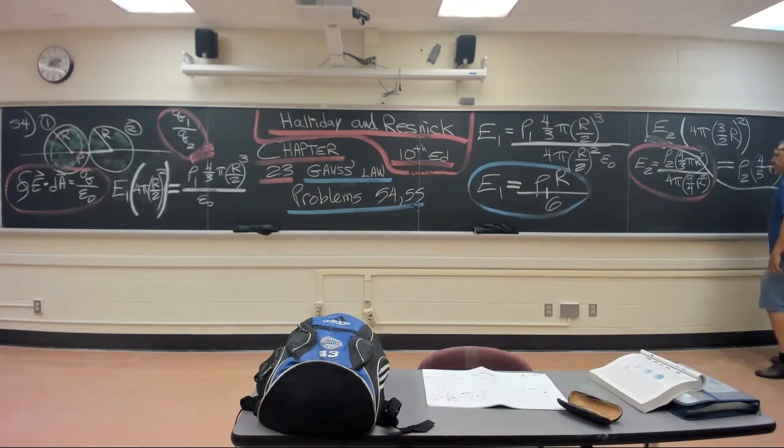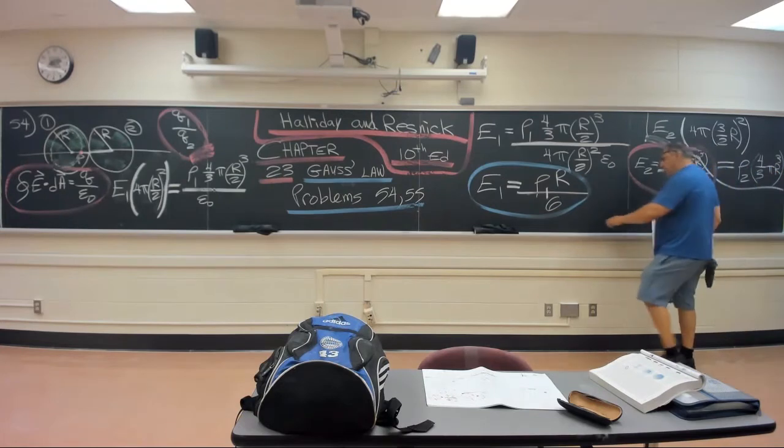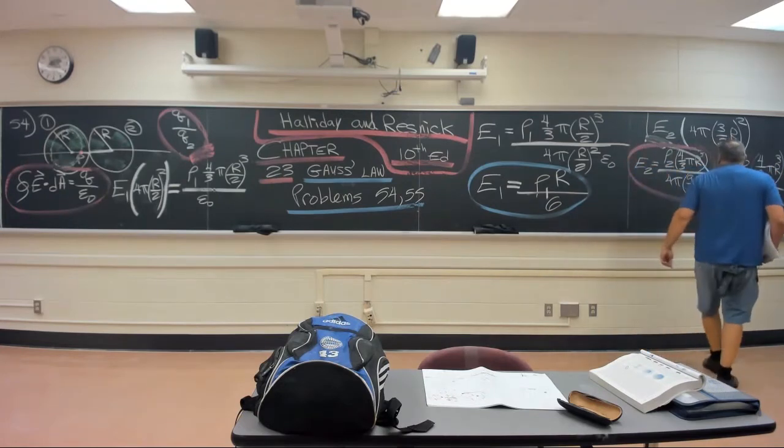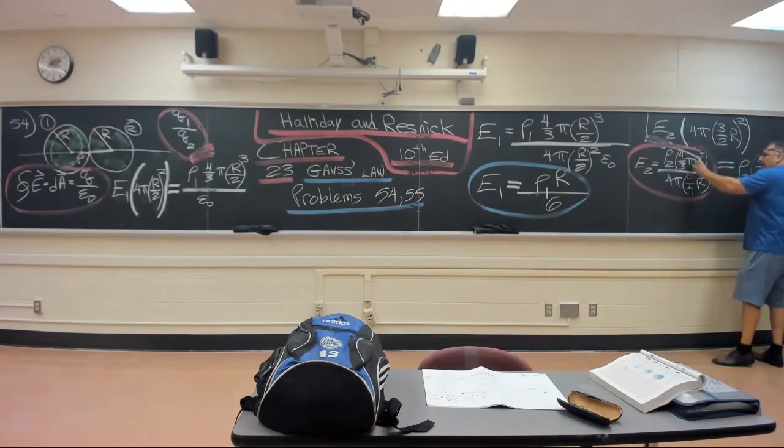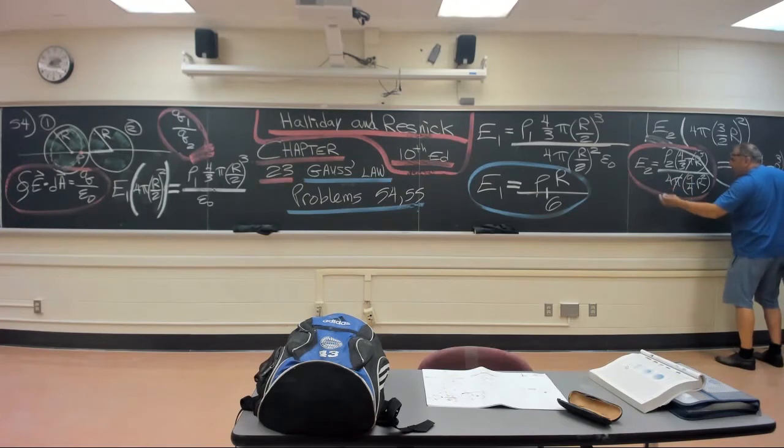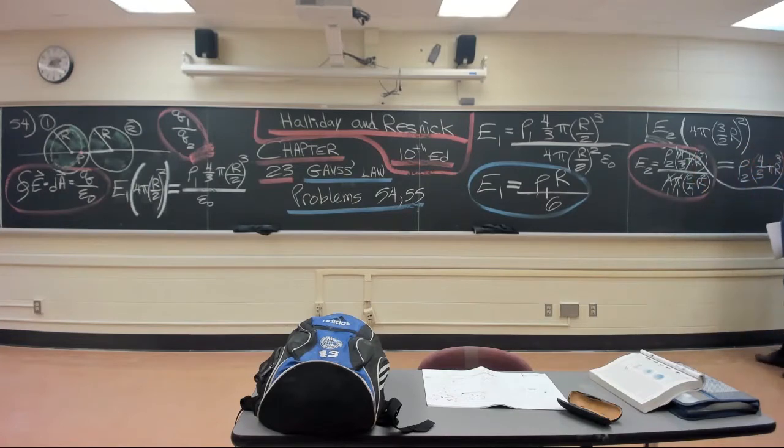There's a lot that can happen here, guys. At the end of the day, when we do the algebra, the pi's are going to cancel. Let's take the 4 and the 4 and cancel them. That's a 1 right there. You got 1/3 right there.